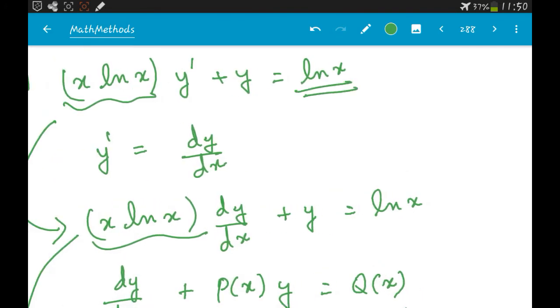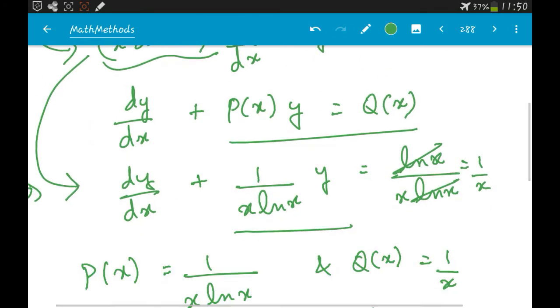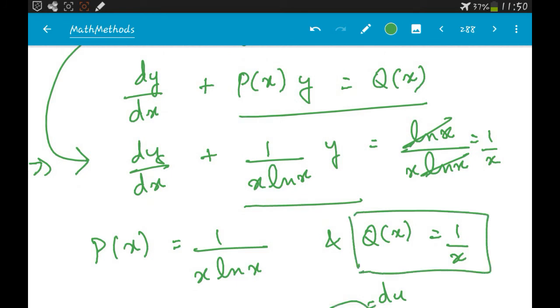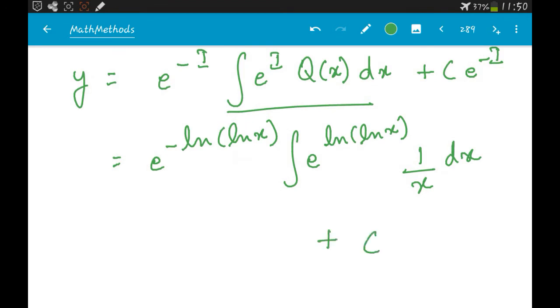Sorry, q of x is nothing but 1 by x. We have found that. So let's substitute that here: 1 by x dx plus c into e power minus ln of ln x.